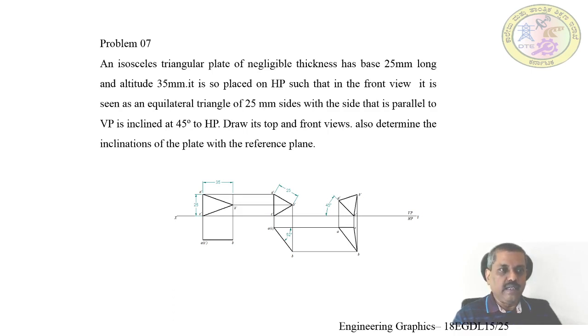So I repeat, whenever a plane is inclined to any plane of projection, then keep that plane on that plane of projection. If the triangular lamina is making inclination with VP, keep that plane, the triangle, on VP, so that you get the true shape, so that you can start drawing.